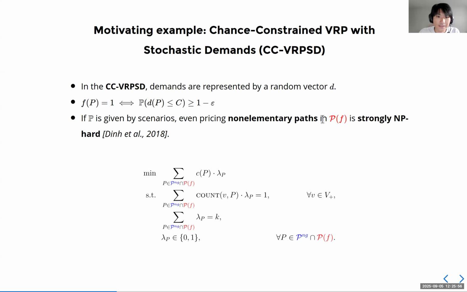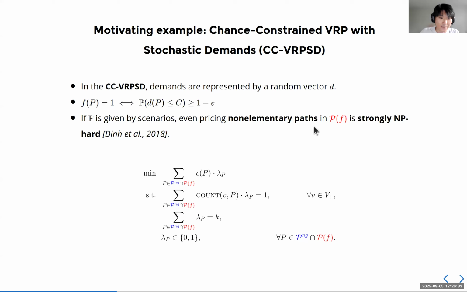A motivating example for this work is the chance-constrained VRP with stochastic demands, where the demands are random and represented by this random vector D. A path is feasible if and only if, with high probability, the demands collected by the path fit into the vehicle. Epsilon here is just a small parameter. It was shown by Taidin, Ricardo, and Jim Luedtke in 2018 that if the probability distribution P is given by scenarios, then even pricing these non-elementary paths in PF is strongly NP-hard.